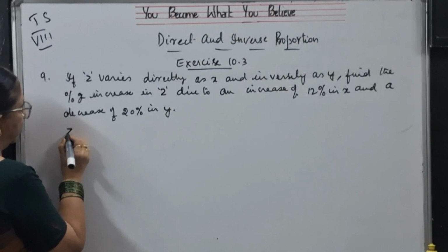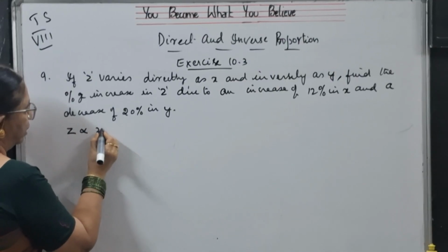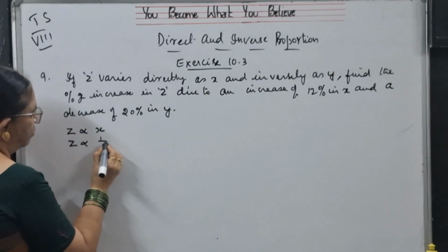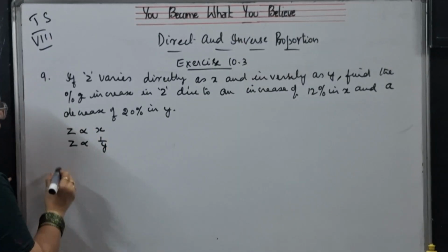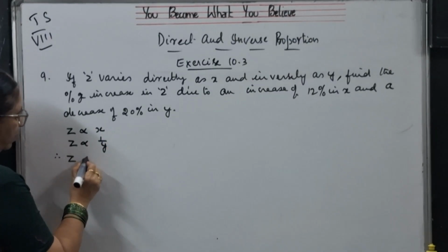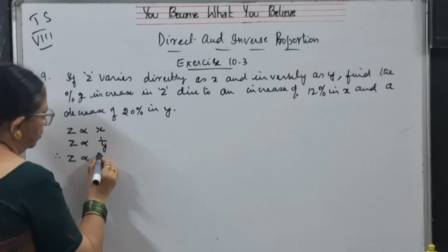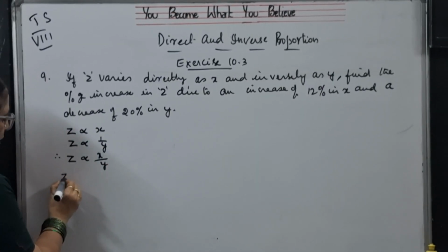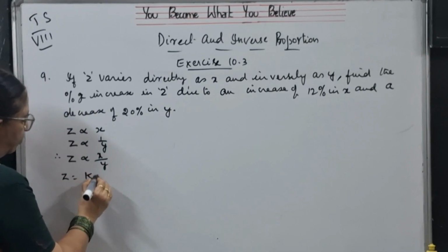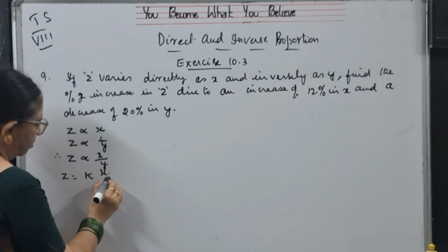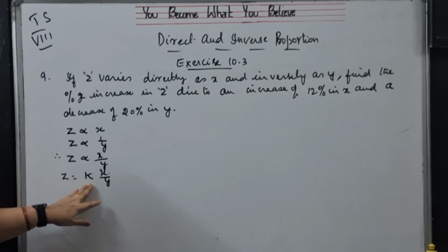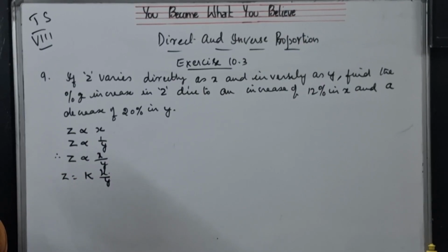So first you say z varies directly as x and z varies inversely as y. What do you mean by this? Z is proportional to x by y, we can write. That means z is equal to some value k, some constant, into x by y.